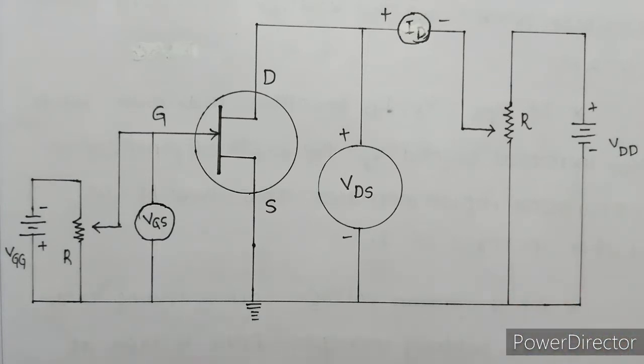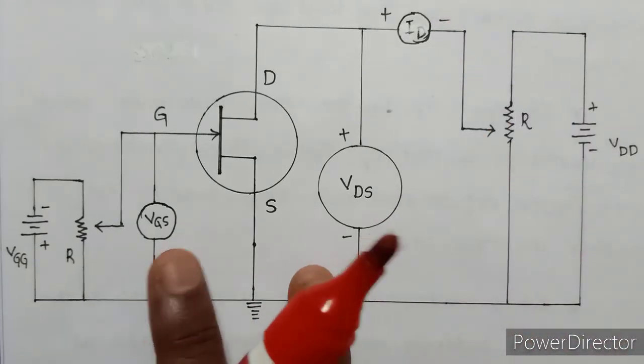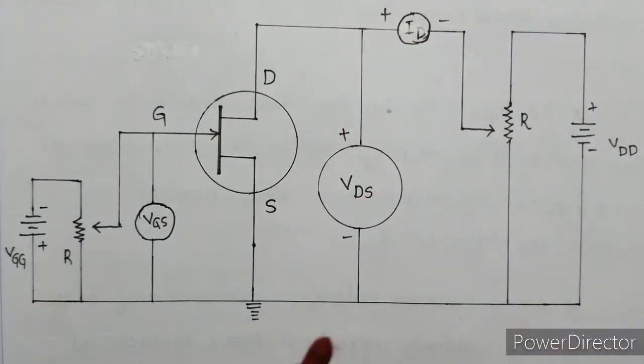So first of all we have to do the experiment. We take the readings of VGS and VDS and ID, from 2 voltmeters and 1 ammeter. These readings are recorded in a table. Then we draw the graph.